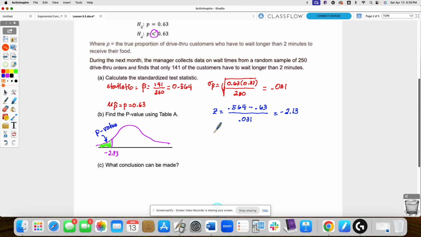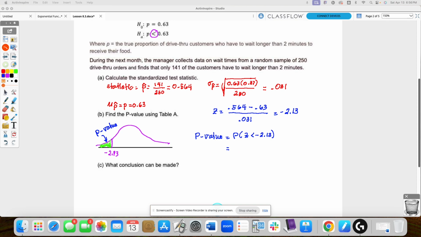So looking at table A, our p-value is the probability that z is less than negative 2.13, okay? Which we can read off from table A, and that is equal to 0.0166.